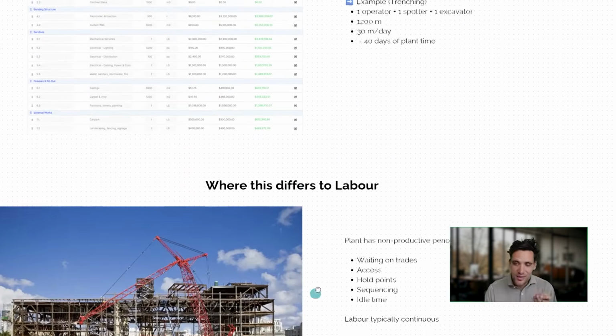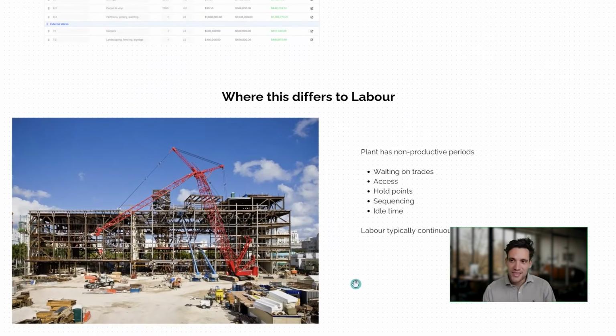Okay, so this is where it differentiates itself from labor. Plant often has much more non-productive time associated with it than labor. That's because of sequencing of works, access of trades, hold points. Basically, plant will almost always have much more idle time as opposed to labor, which is almost always continuous, because you don't really tend to have people at work and not working.